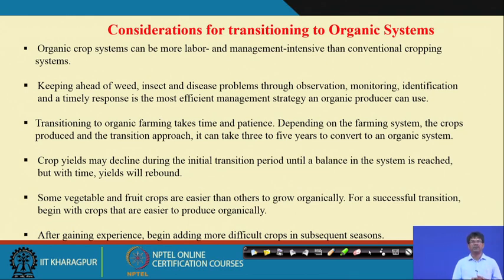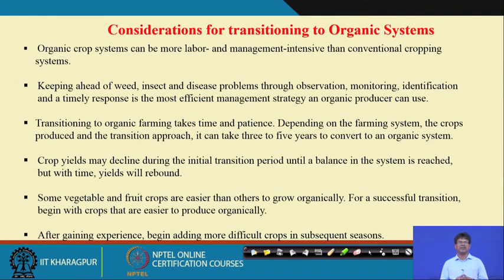Keeping ahead of weeds, insects and disease problems through observation, monitoring, identification, and timely response is the most efficient management strategy of organic production systems. As we discussed, the organic farming system itself is a preventive measure for many weeds, pests, and diseases. In addition to this, we have to control some of the practices like level C of the pest management.